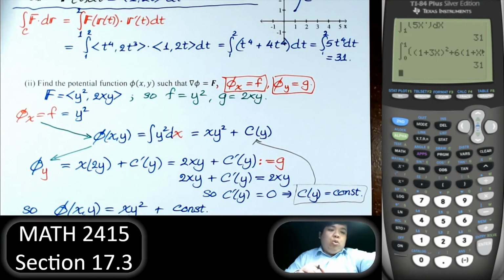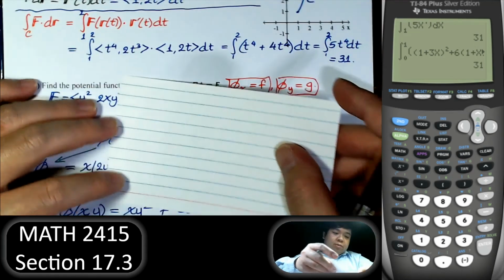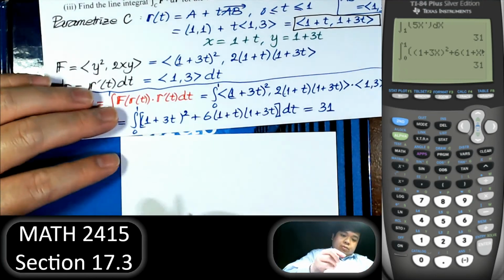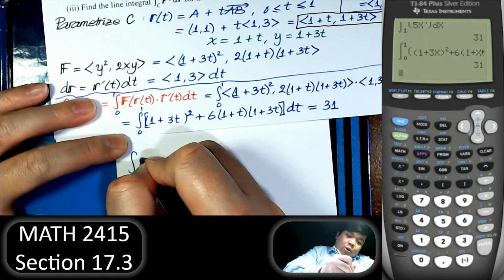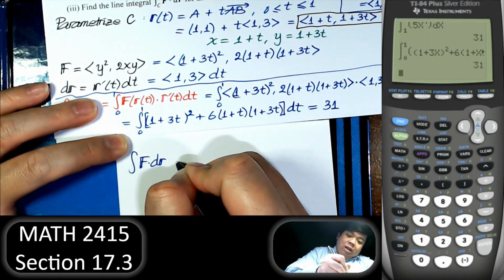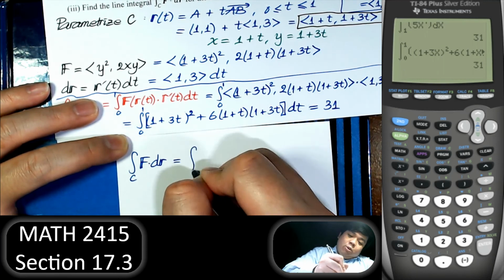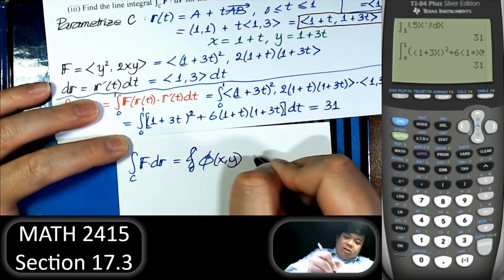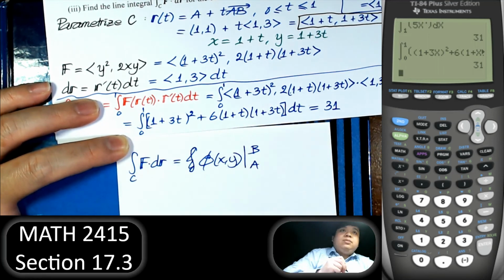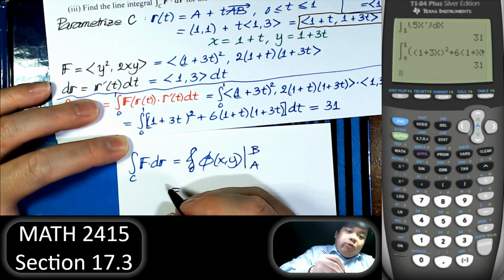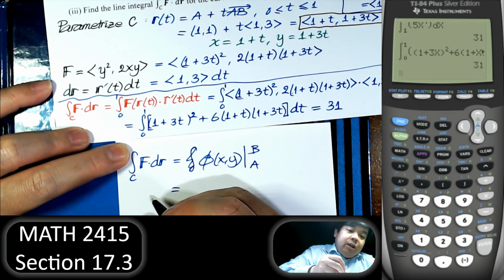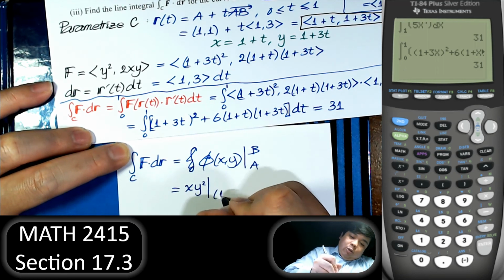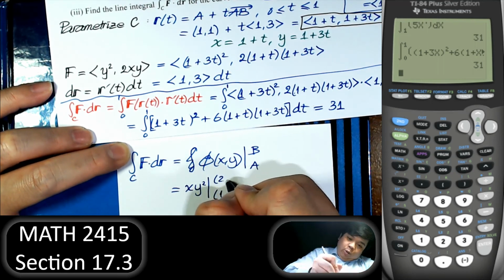It just shows that, not only for these two paths but in general, since we know this is independent of path, the line integral only depends on the endpoints. Potential function from A to B. The potential function is xy squared, from 1, 1 to 2, 4.